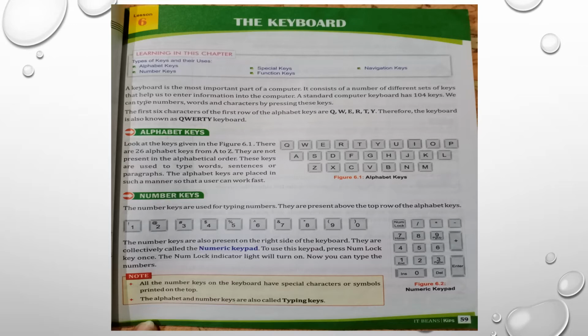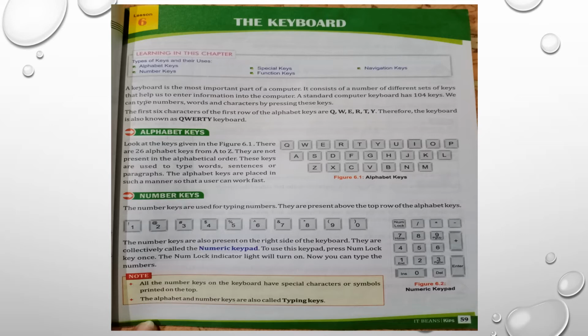The first six characters of the first row of the alphabet keys are Q, W, E, R, T, Y. Therefore, the keyboard is also known as the QWERTY keyboard. The next is alphabet keys. Look at the keys given in figure 6.1.